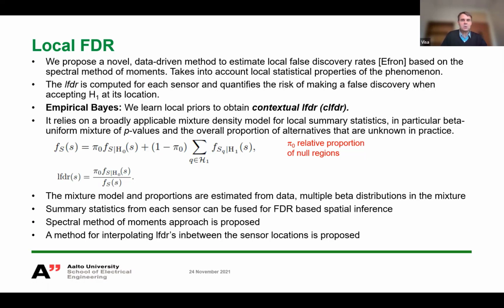So I just want to say that indeed we are using this mixture model of multiple beta distributions to capture the distribution of p-values under the alternative hypothesis, and for that purpose we use something called the spectral method of moments approach.